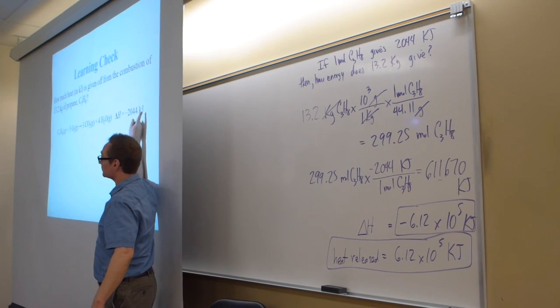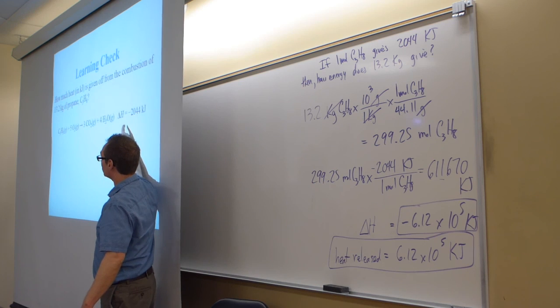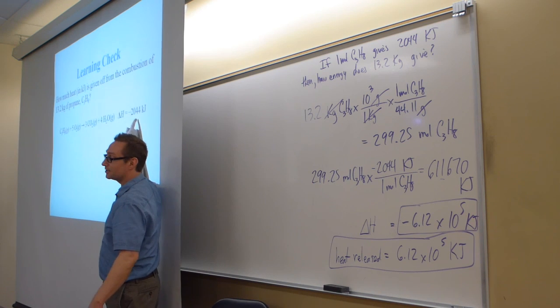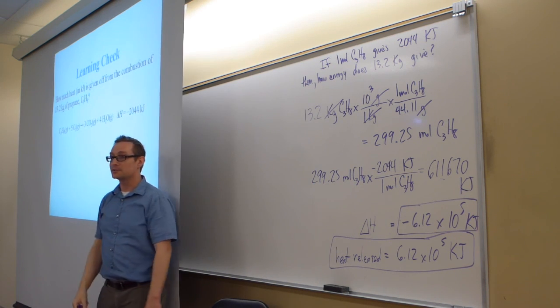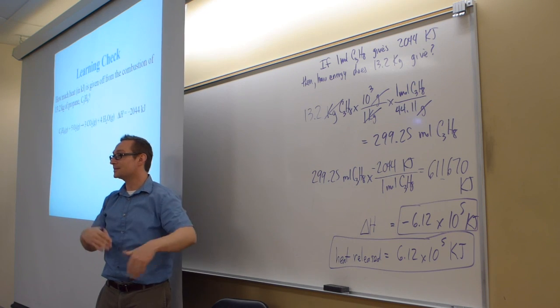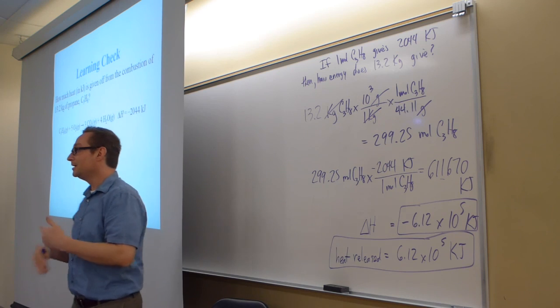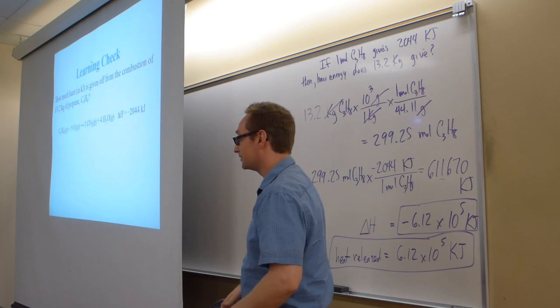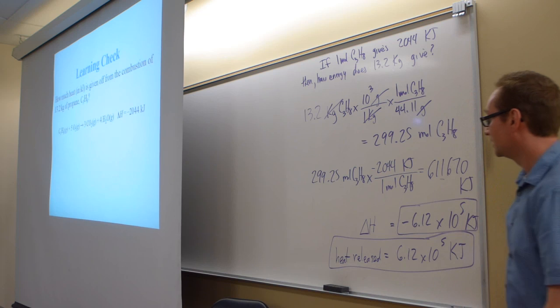And so in Chem 107, they just told you, here's the equation, here's delta H, use it. In this class, we're also telling you, well, here's where it comes from, calorimetry. That's the next step. So just to try and tie some ideas together, that's what I'm trying to do.